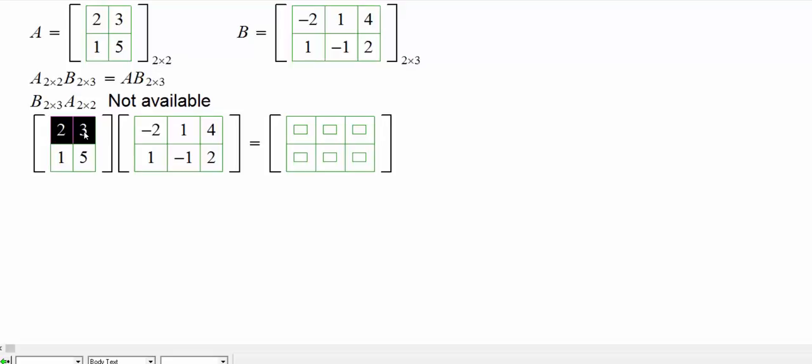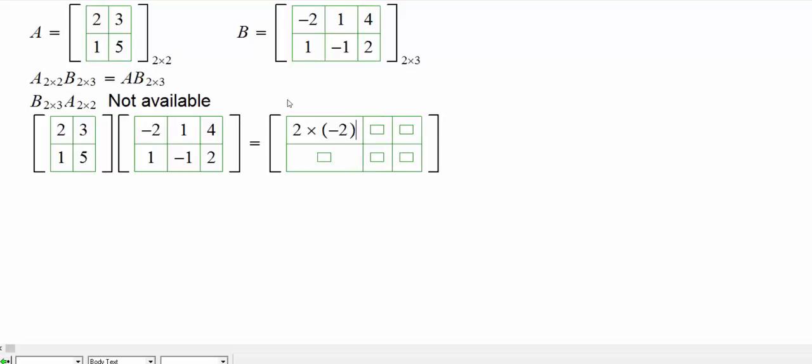So what we would do is we'll take the first row of the first matrix and first column of the second matrix and go ahead and multiply the corresponding elements, right? And add them up. So corresponding elements mean first here, second here. So this gets to be 3 times 1. Now we are in the first row and second column.